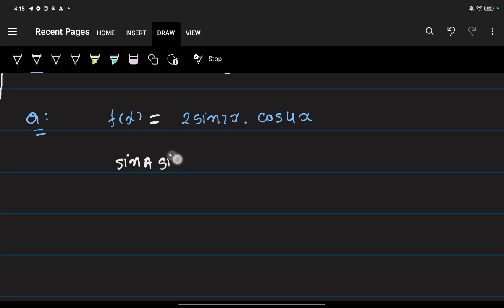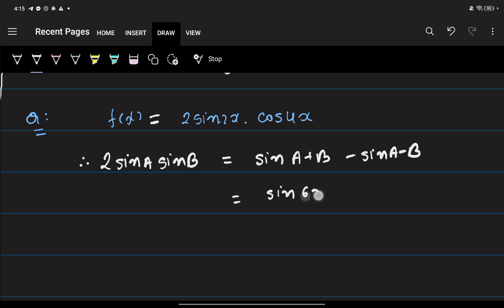What is this identity? It is nothing but sine a plus b minus sine a minus b. So in this case we'll end up with sine 6x minus sine 2x.